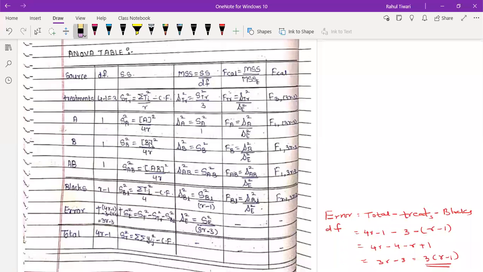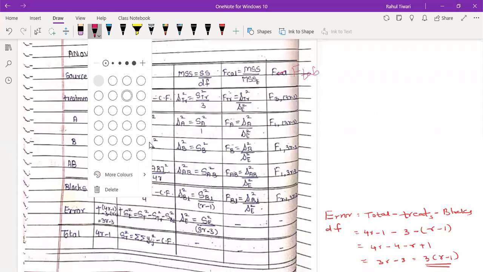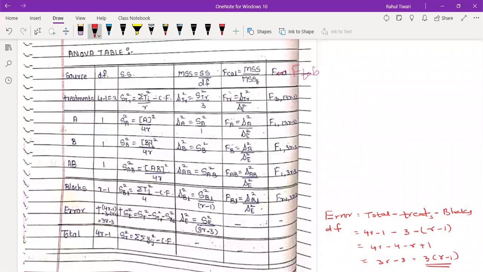Okay, and then here we have F tabulated. It is not calculated, this is tabulated. So you can just make the correction: this is the F tabulated value. Usually we see the F tabulated value because, as I said, we are doing it manually. So if we are doing it manually, we can always check table values, and based on that criterion, if F cal is greater than F tab, then we reject the null hypothesis.